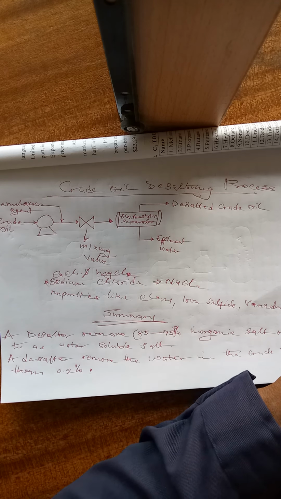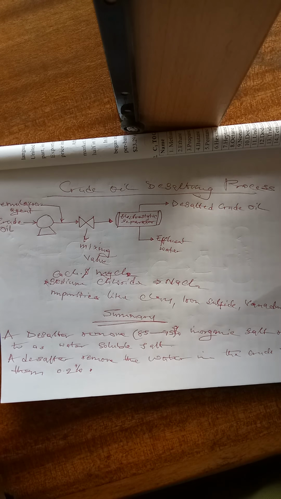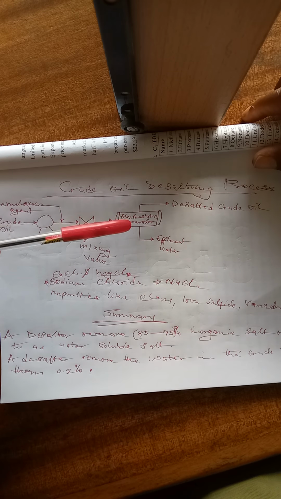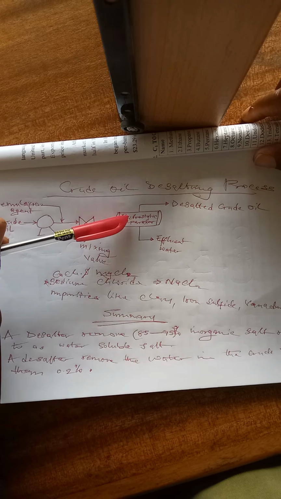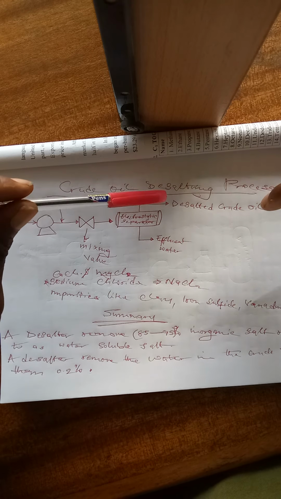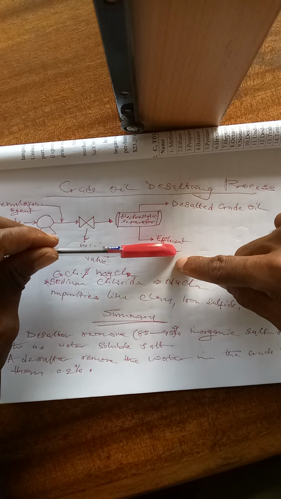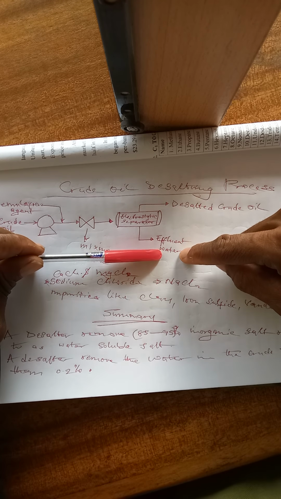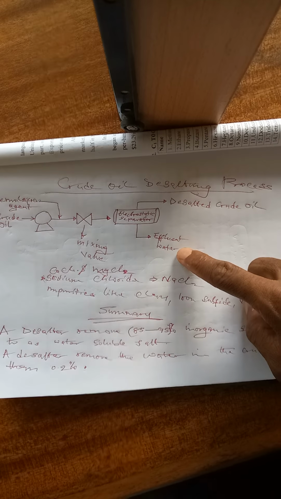So this is definitely where we are going to stop today. But before we finally go, we'll look into how this desalter separates the crude, desalted crude, and the effluent water. That will be our next area of concentration. Thank you.